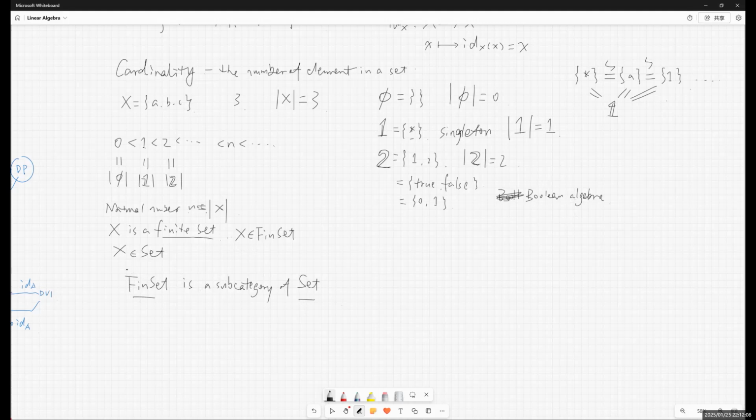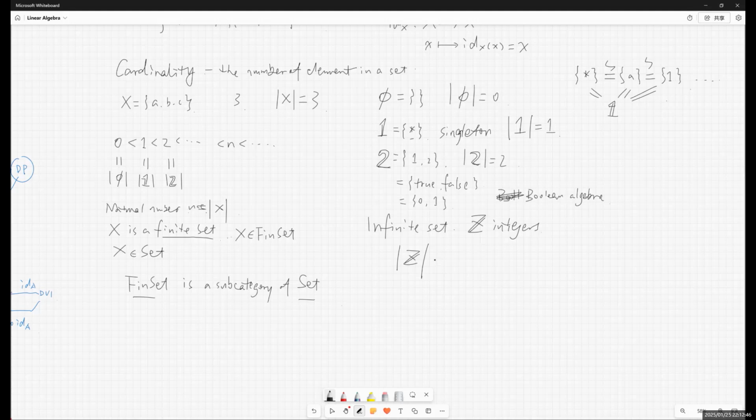And we can say that a finite set as a category has correspondence with the natural numbers plus 0. And for infinite sets, like the set of integers, it's an infinite set, and it still has a cardinality.